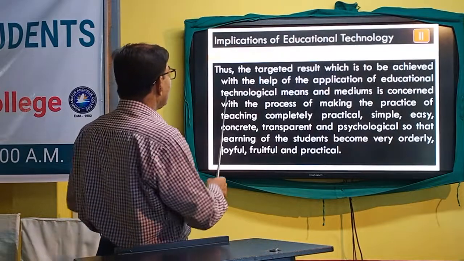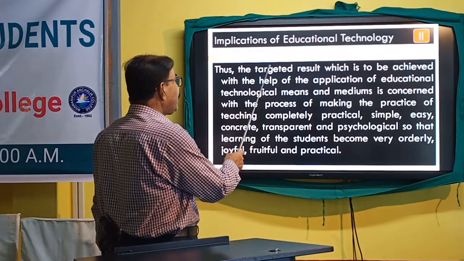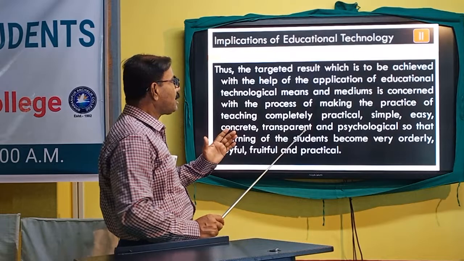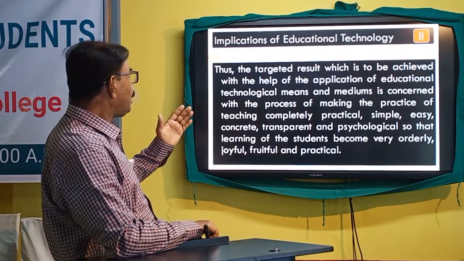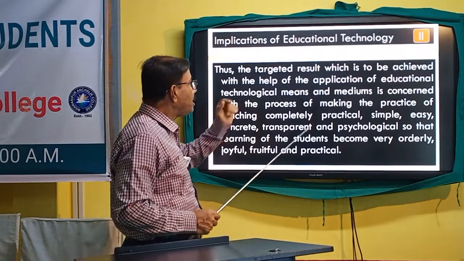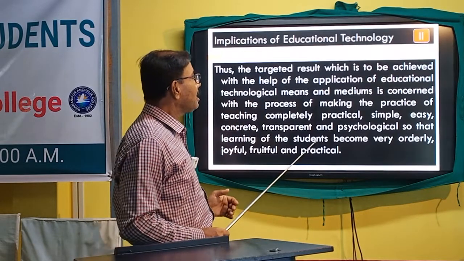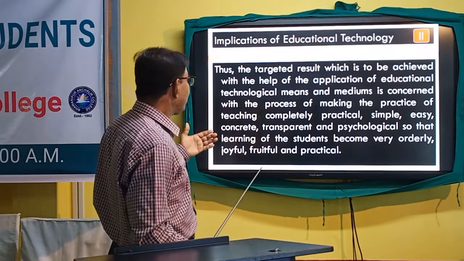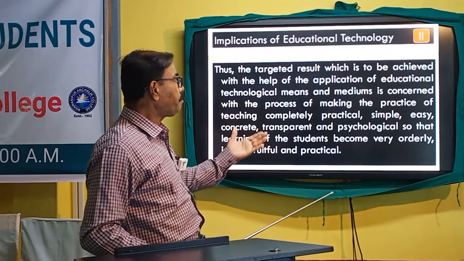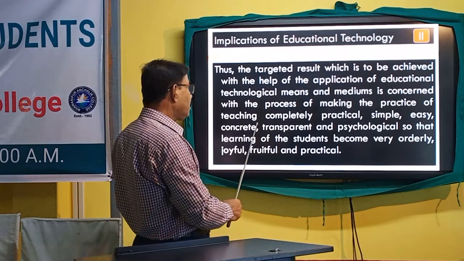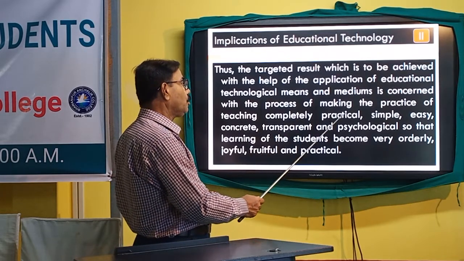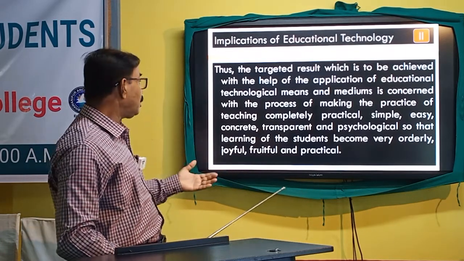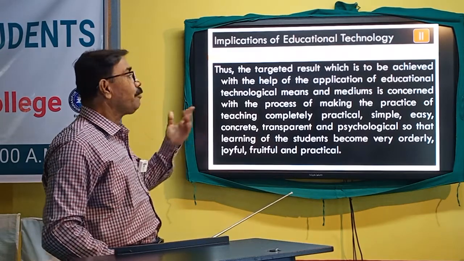Let us see the next slide. The targeted result to be achieved with the use of educational technological means, mediums, tools and devices is concerned with making the practice of teaching completely practical, simple, easy, concrete, transparent and psychological, so that learning of the students becomes orderly, joyful, fruitful and practical.